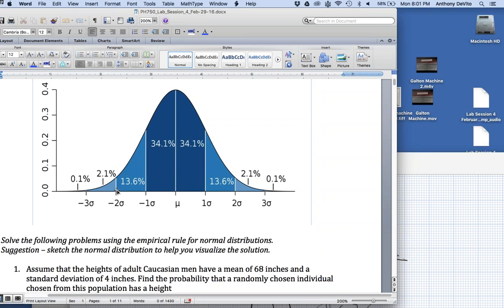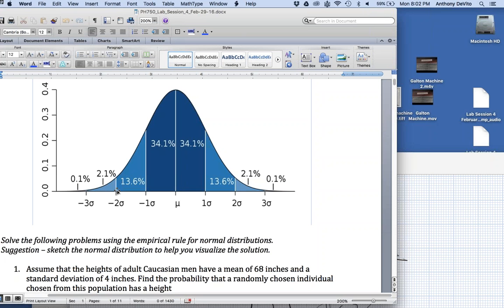And you can even finagle this further, because one of the other properties of a normal distribution is that it's symmetrical. So if I look at the people in this distribution that weigh below 150 pounds, but above 140 pounds, between 140 and 150 pounds, well, that's half of the area that I was looking at before.